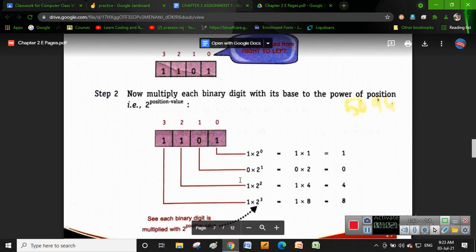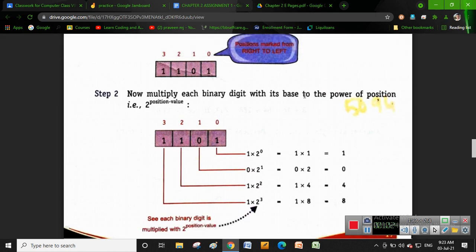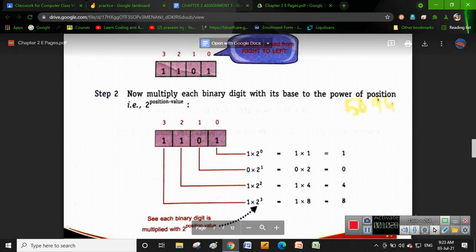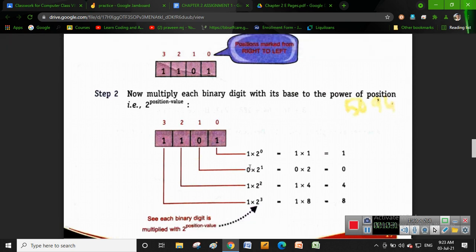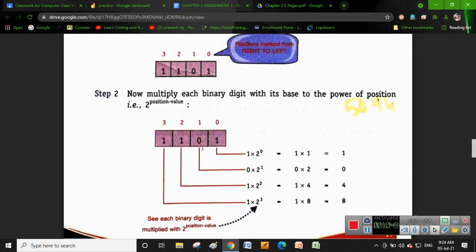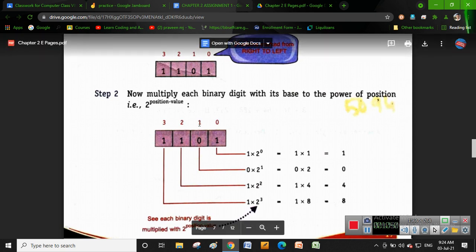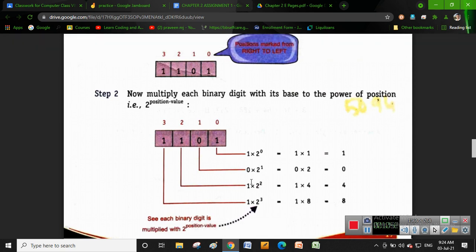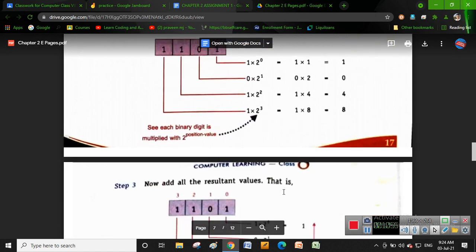Now multiply each binary digit with its base to the power of its position. That is, each binary digit, 1, times the base, which is 2 for binary, with the position value, that is, in position 0, 2 to the power 0. Again, multiply the next binary digit, 0, times 2 to the power of 1, the position value, and so on, and add all these values.